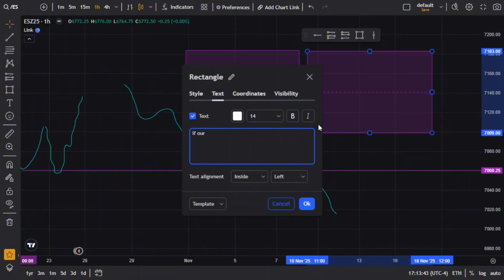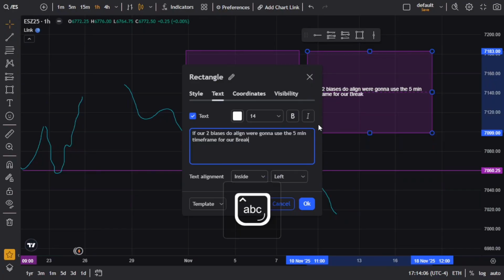If our two biases do align, we're gonna use the 5-minute time frame for our break of structure.